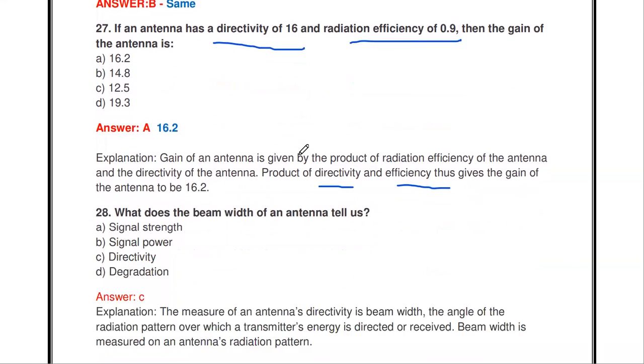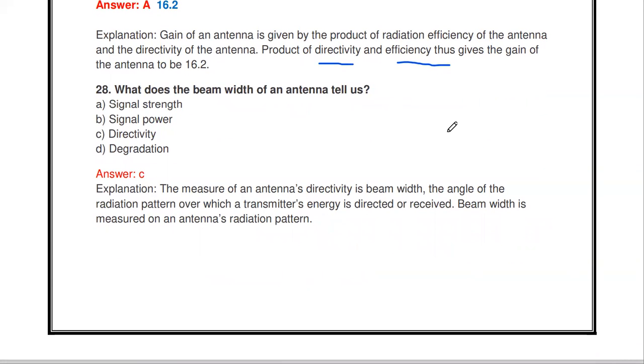Then the next one, what does the beam width of an antenna tell us? Signal strength, signal power, directivity, degradation. If they tell us the beam width of an antenna is this much, what do we know from it? Directivity.